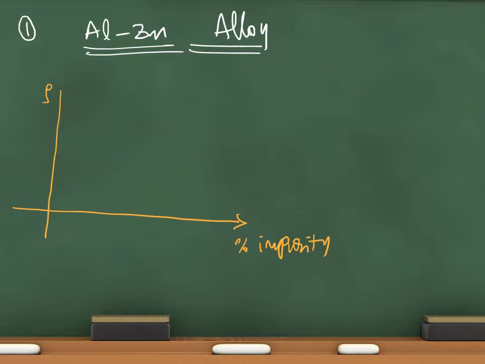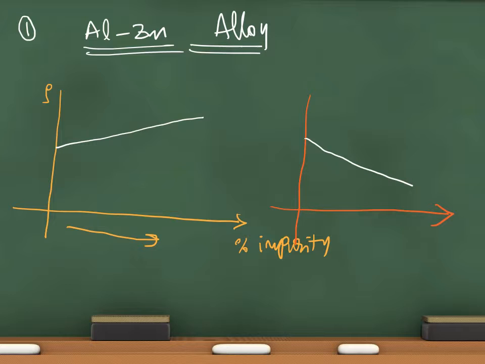As the percentage of impurity increases, the resistivity will increase like this. So what will happen to the conductivity? In the same case, the conductivity will definitely be reduced as the resistivity increases. This is percentage of impurity and this is conductivity. If I combine both in the same graph, this will be conductivity and this will be resistivity.